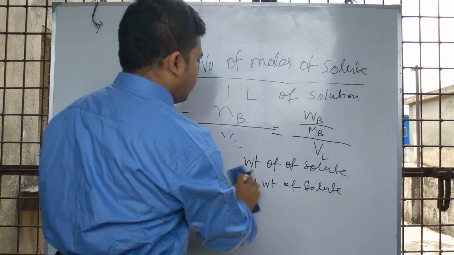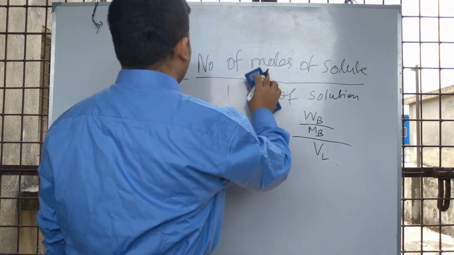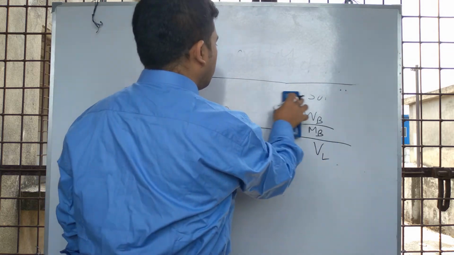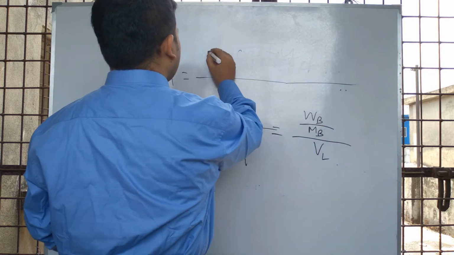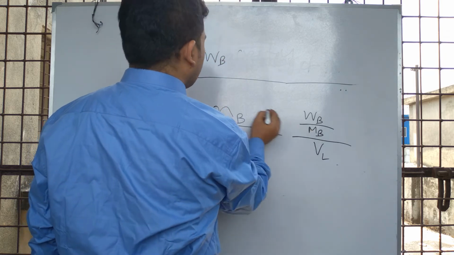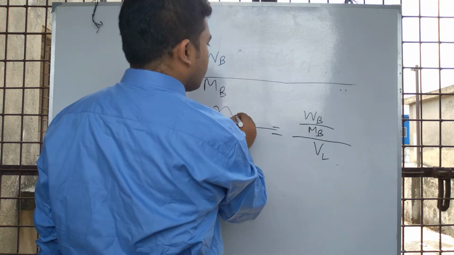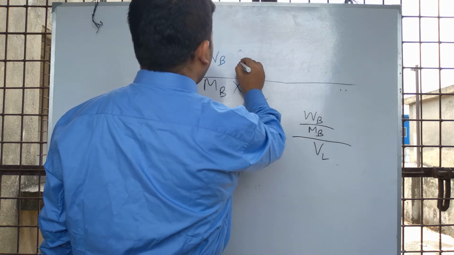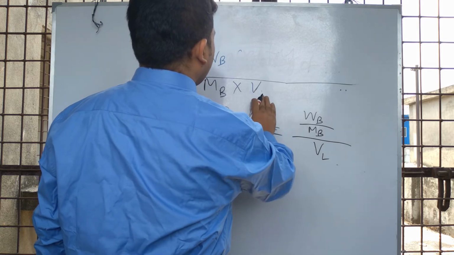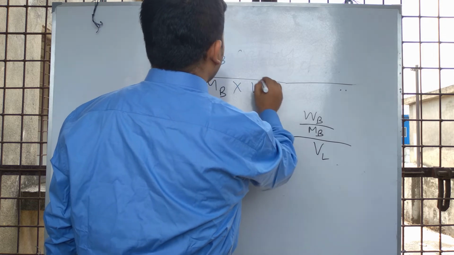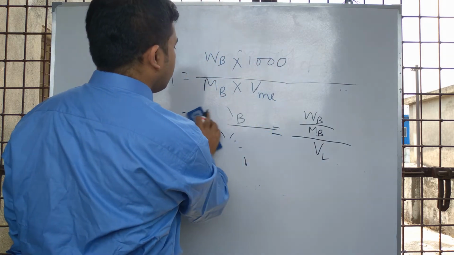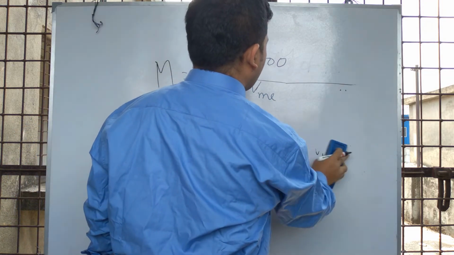We can write another form of this equation. The formula of molarity is Wb divided by Mb, into 1000, divided by V in ml. This is another formula of molarity.